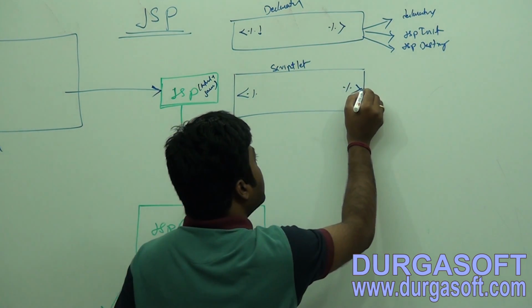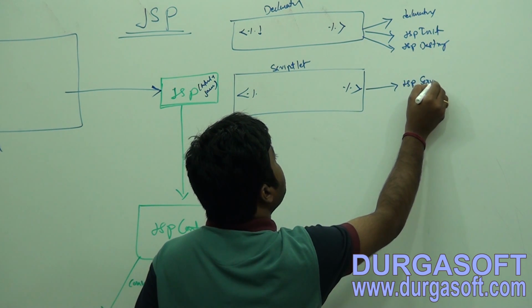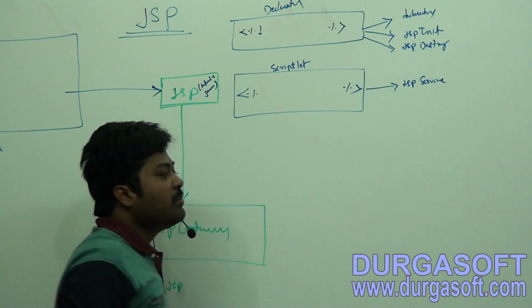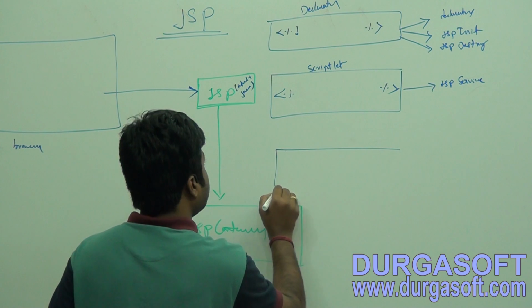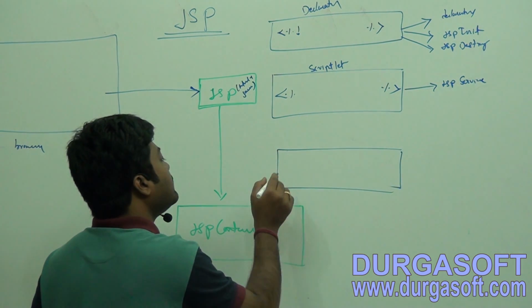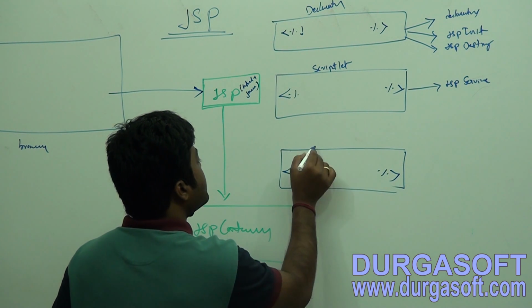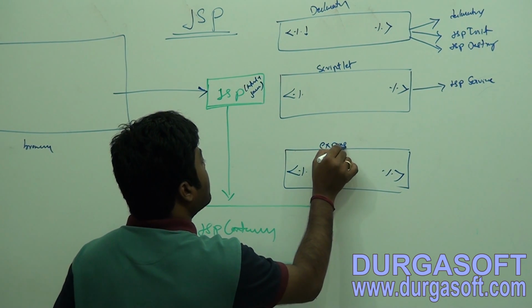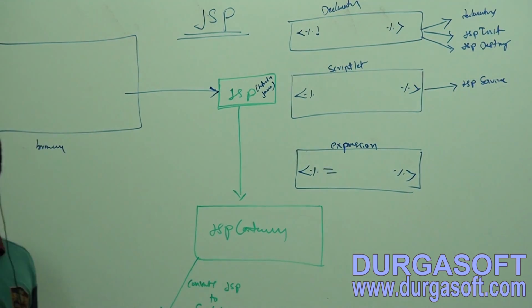In this scriptlet tag, if you write anything, it will behave like the _jspService method. It will behave like your service method. There is one more tag, the expression tag. The tag name is expression.